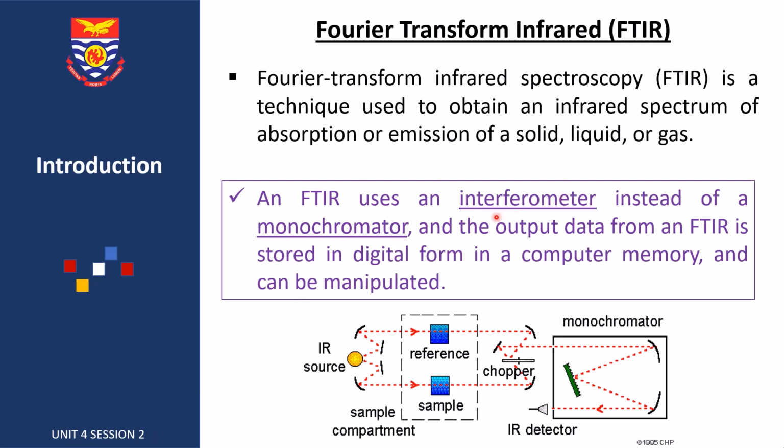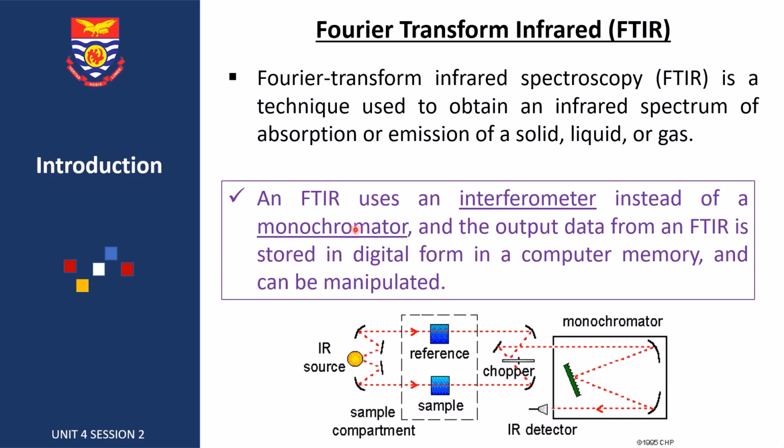So, some IR instruments were using the monochromator to disperse the band of the frequency or to separate the broad spectrum of the IR radiation into individual narrow IR frequencies. This is the monochromator here that is used to disperse or scatter the broad wavelength into individual narrow IR frequencies.